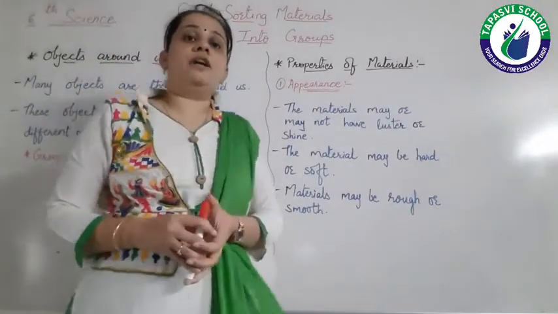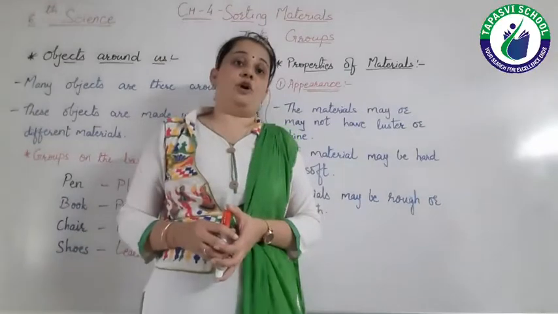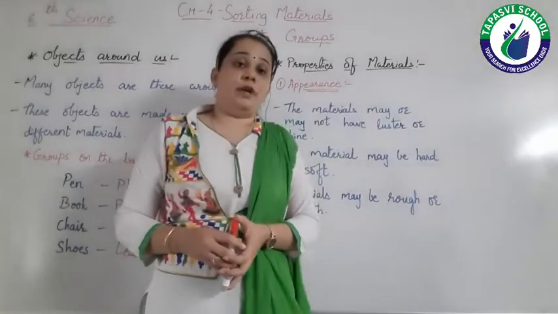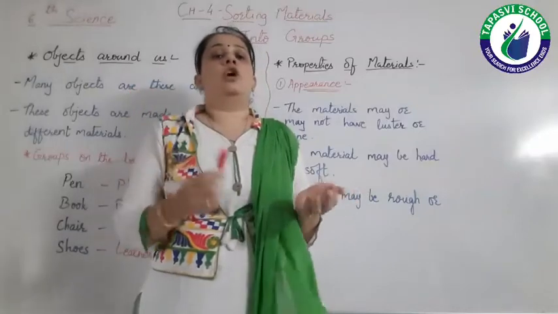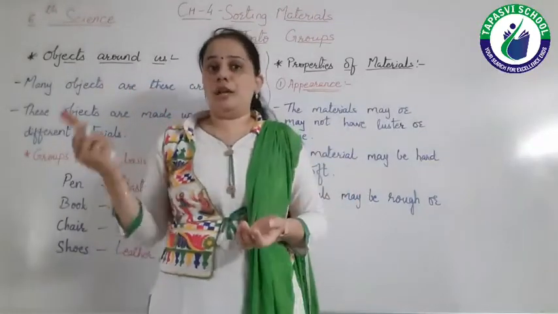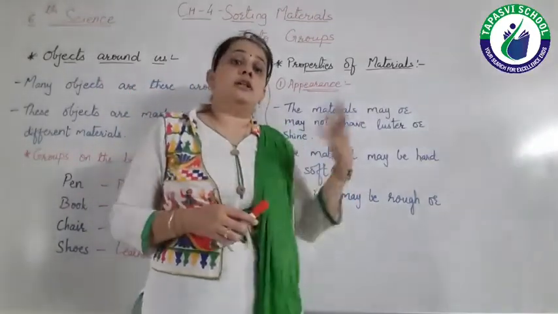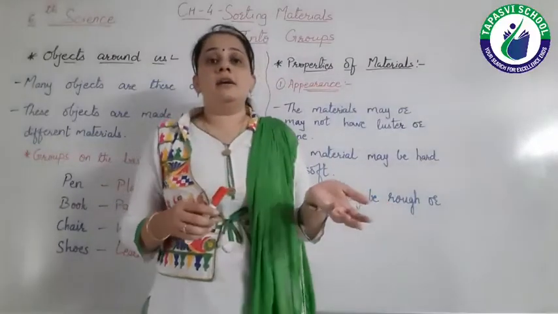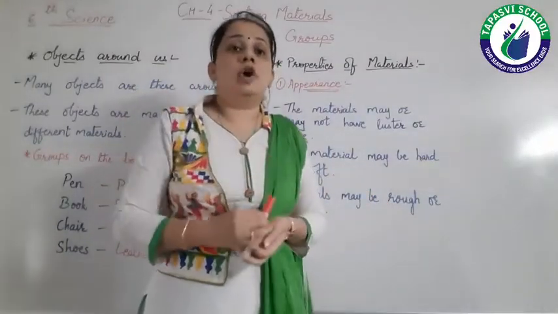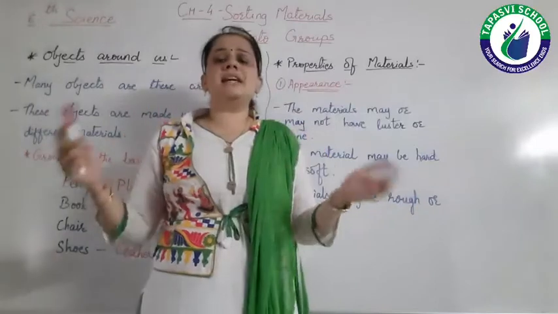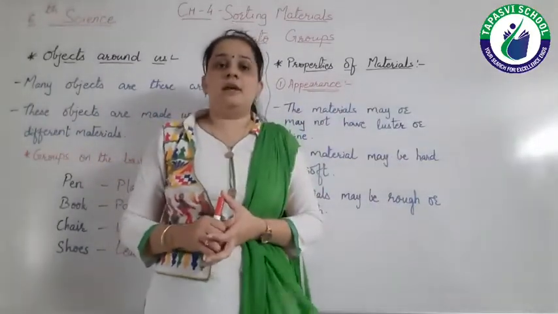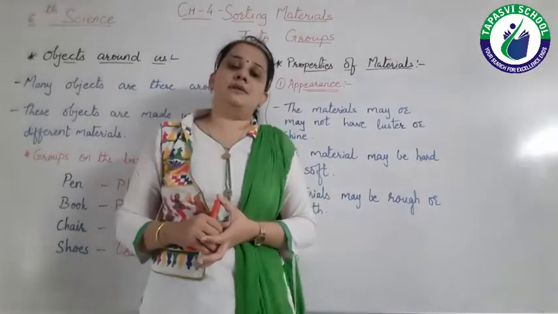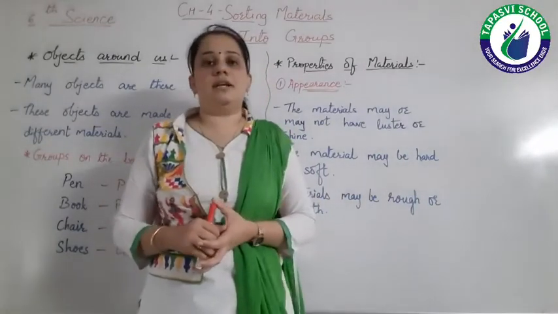The different objects look different from each other. Say for example your shoes and a marker or a pen and your lunch box or a chair and the orange. Many things are there which is made up of different materials, right? And it looks different from each other.